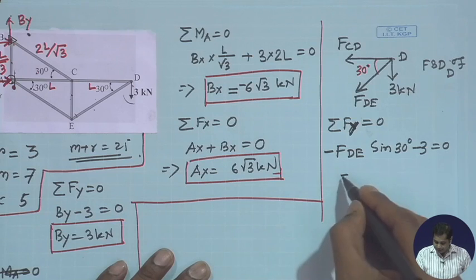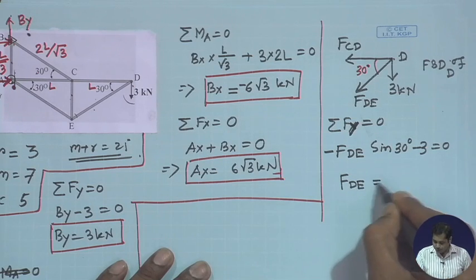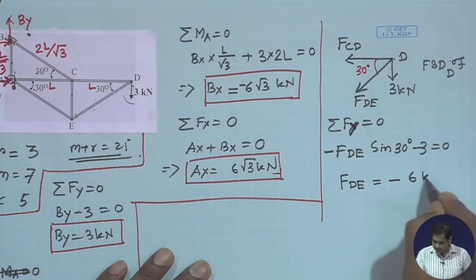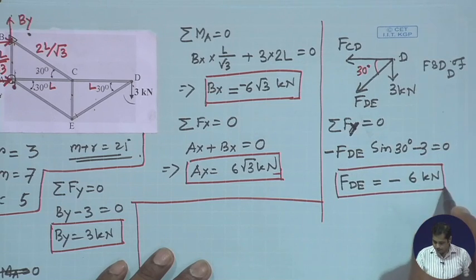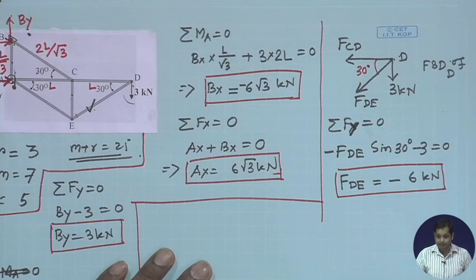So, this gives me FDE is equal to minus 6 kilonewton. So, FDE is obtained, right.